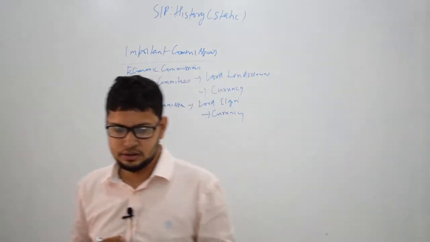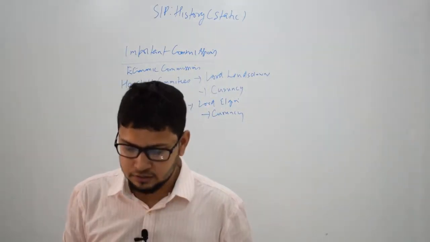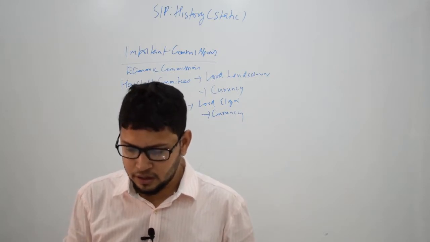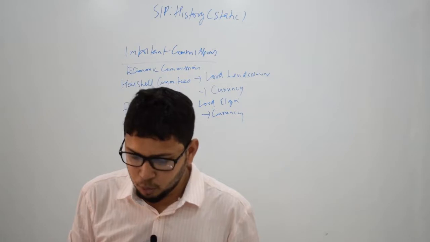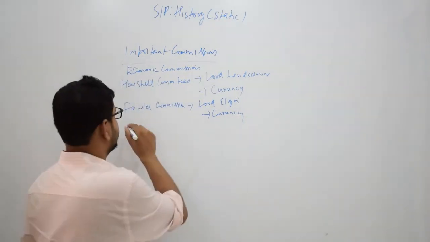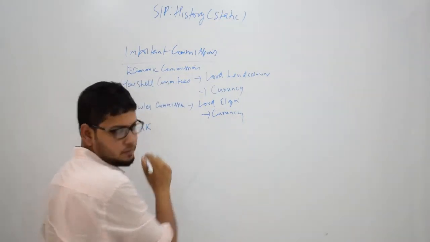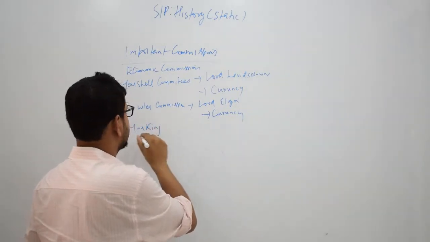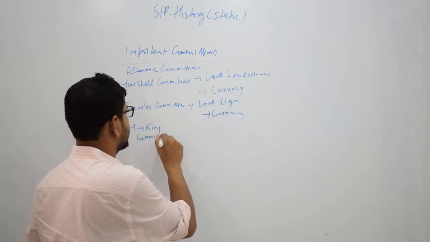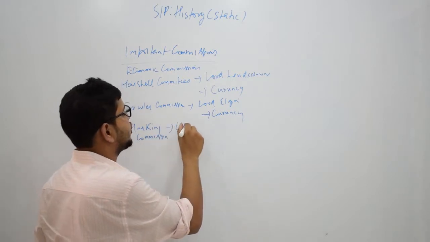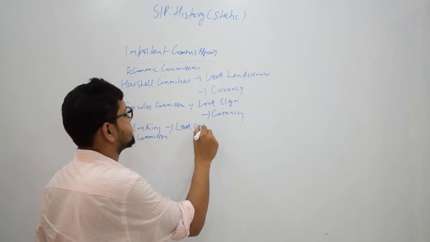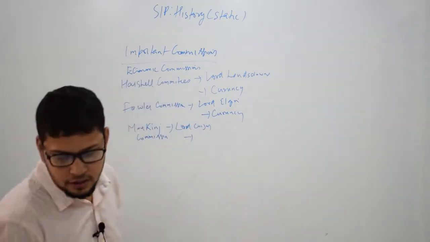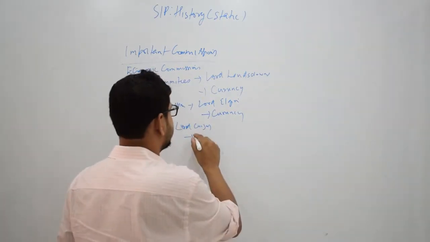Next we have Mackenzie Commission, I mean, Mackinnon Commission. This was incorporated during the time of Lord Curzon, and the focus of the commission was to plan for the expenditure on irrigation.